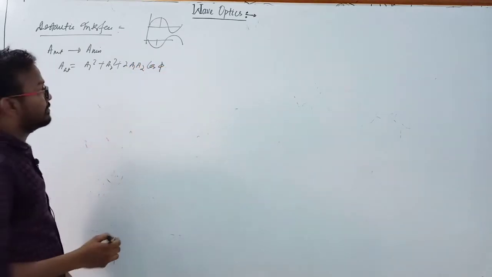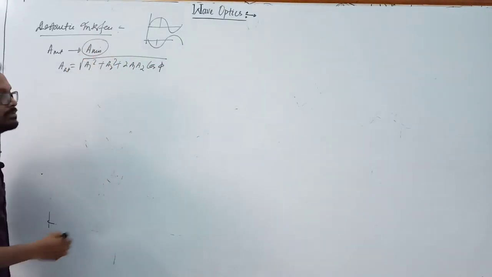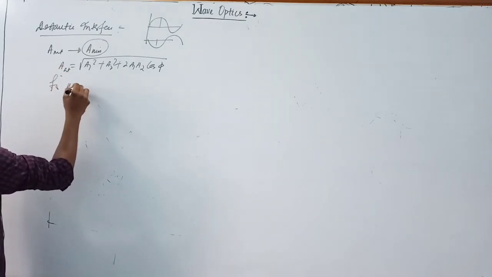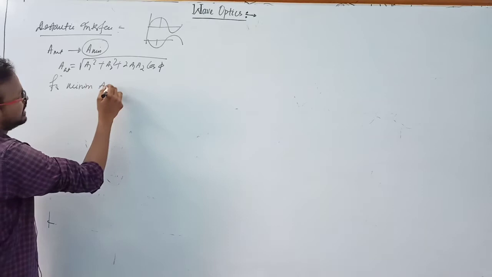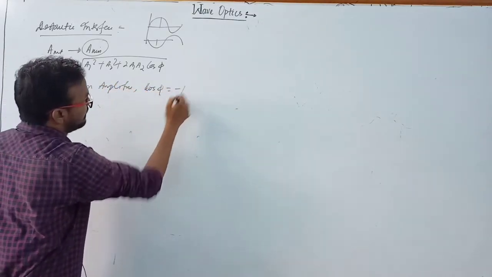For minimum amplitude, when is it minimum? For minimum amplitude, we get cos phi should be minus 1.